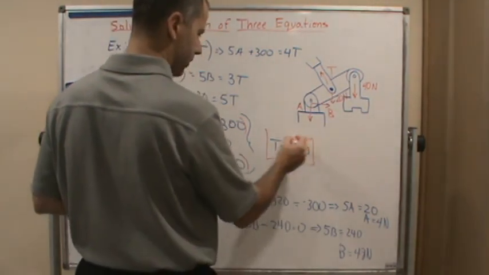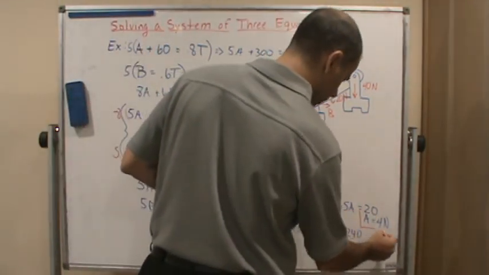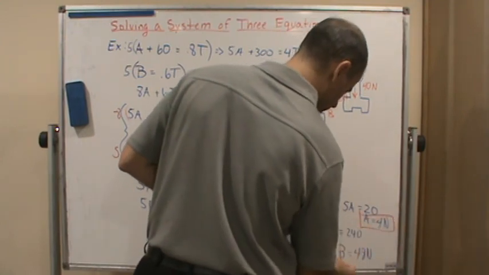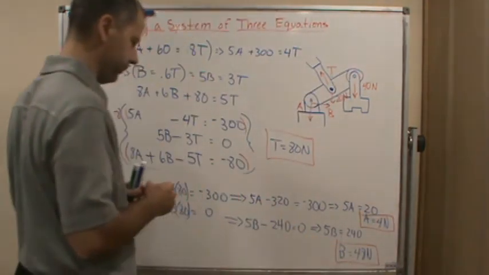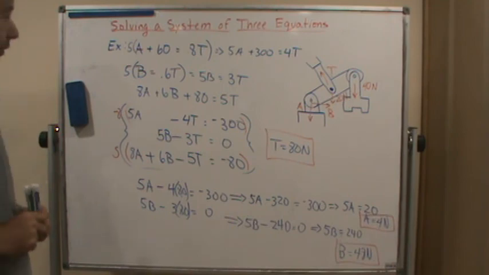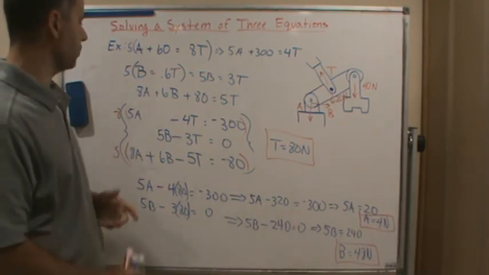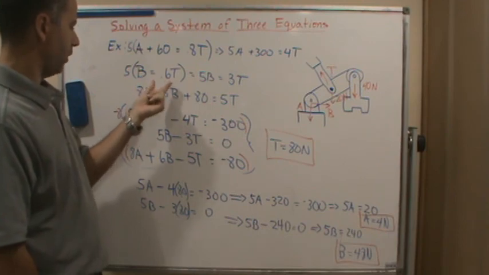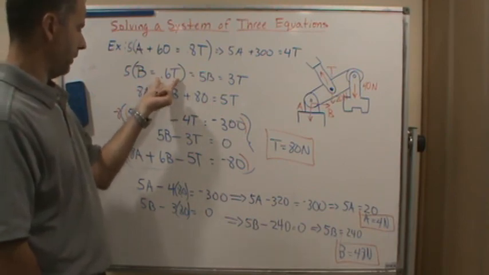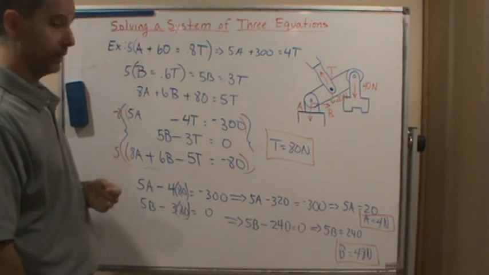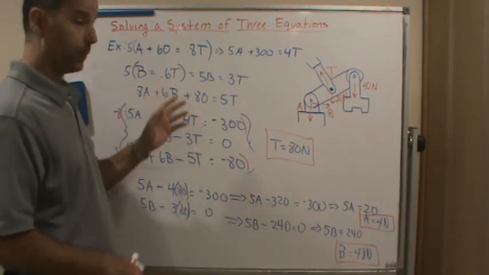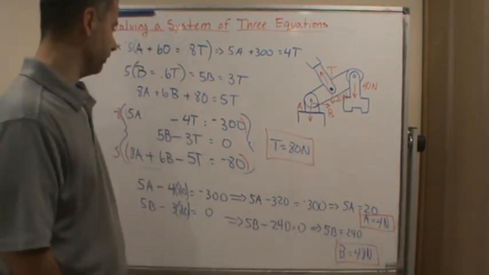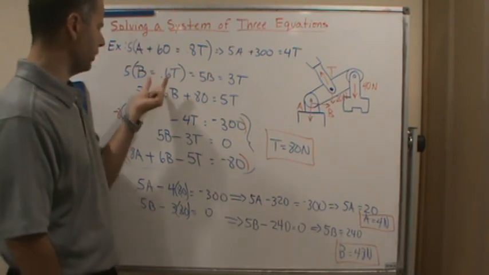So we found the forces for each one. Now, we're done. Now I could have gone back to the original equations too. I could have just gone back to here, right, and put in 80 here and solved for B directly. That's fine too. That probably would have been the easier way to do it, is go back to the original and just plug in.